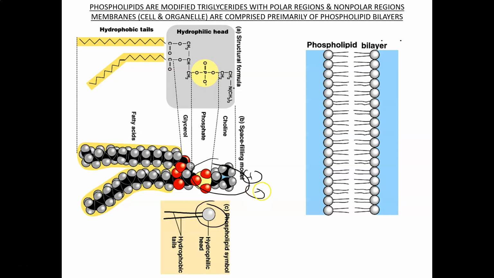It's charged up here on this head, so this allows cells to have membranes that are going to separate one aqueous environment from another aqueous environment there. So we see lipids not only as energy storage molecules, but modified ones as membranes, cell membranes, organelle membranes, etc.